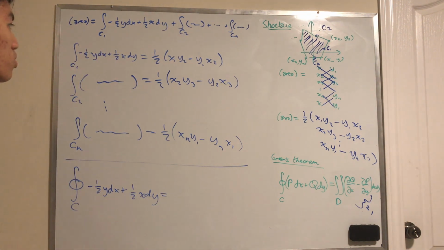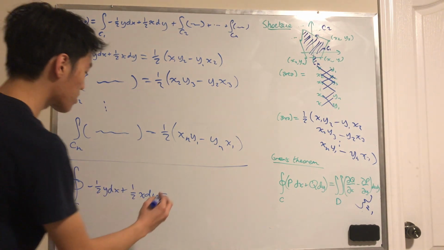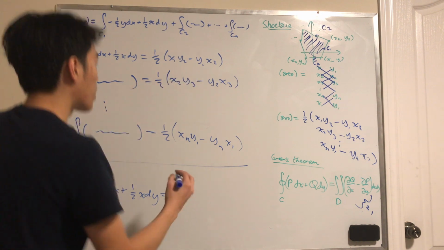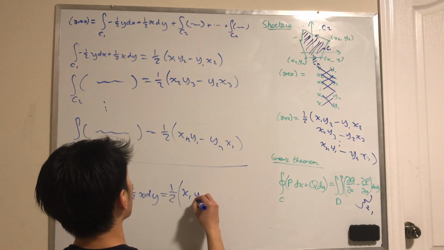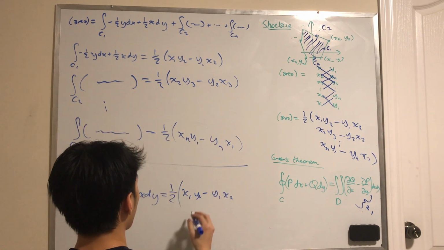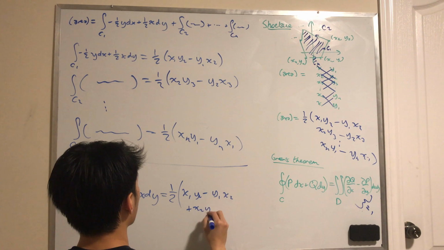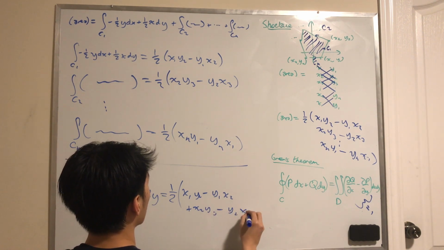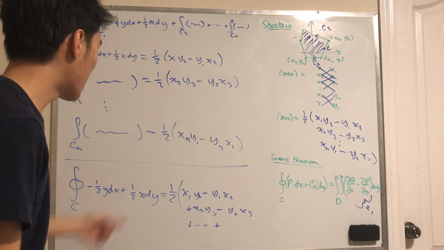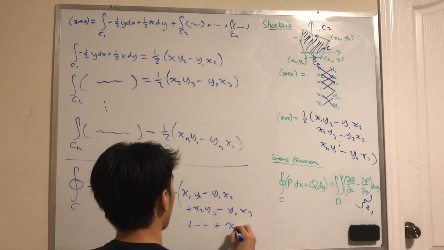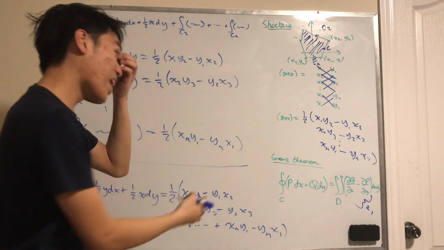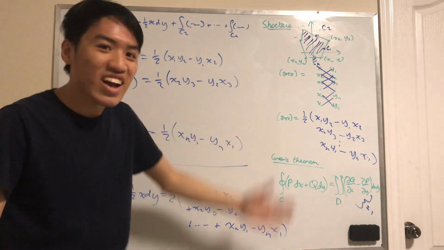That's going to be equal to, and you'll notice the 1/2 factor, let's factor that out right before, x1 y2 minus y1 x2. And then add up this for the second line segment, plus x2 y3 minus y2 x3. And then you keep going for all the ones in the middle, no matter how many sides your polygon has. And you have the last one here, xn y1 minus yn x1. That's exactly the shoelace formula.